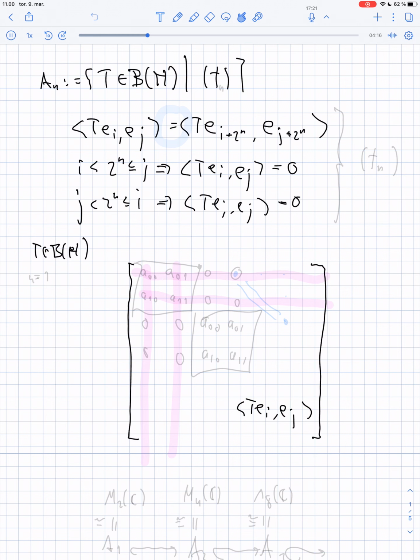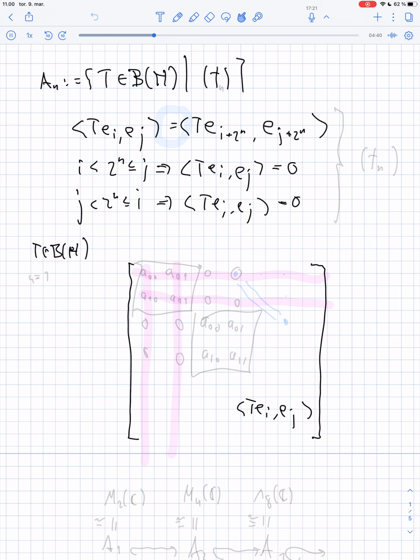This is precisely what you would do in a finite dimensional Hilbert space, because I have an orthonormal basis. Really what is happening is that I'm taking T e_i and expanding it in the basis e_j, and to get the coefficients I just need to take inner products.